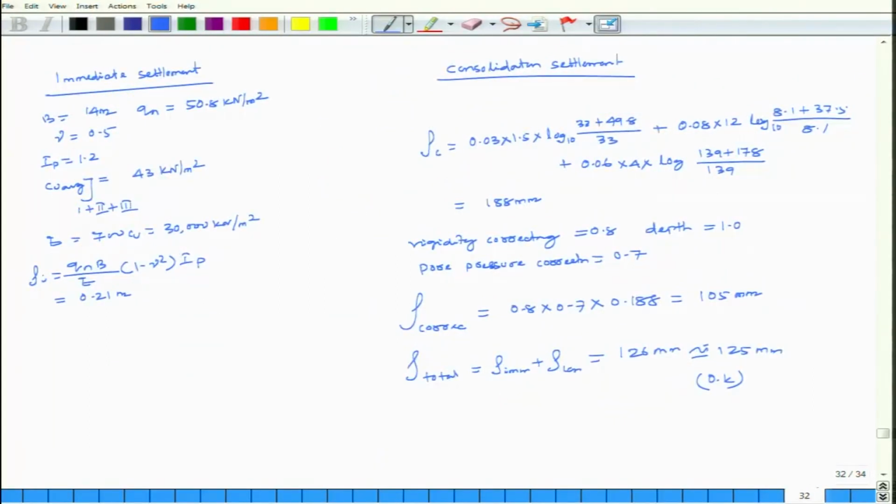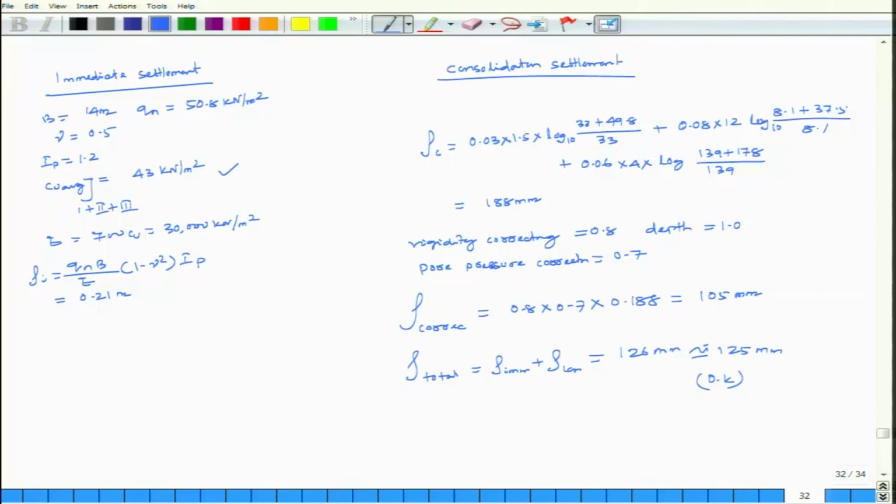Now, calculated the immediate settlement: B is given, Q net load intensity is given, Ip is given, Cu average has been considered for layer 1, layer 2 and layer 3, E modulus of elasticity has been taken as 700 Cu, which is 30,000 kilonewton per meter square. Immediate settlement is coming out to be 0.21.